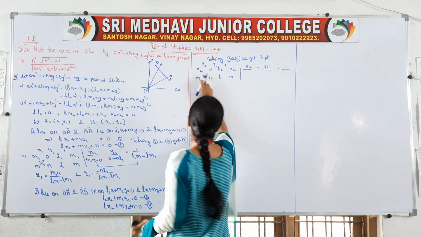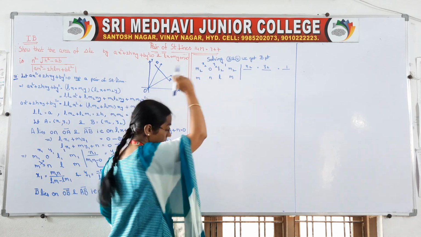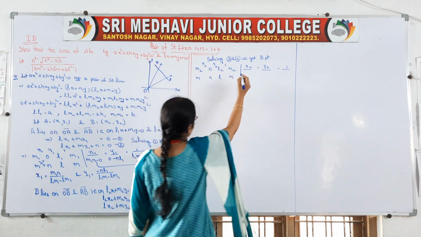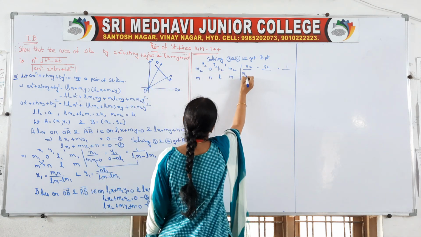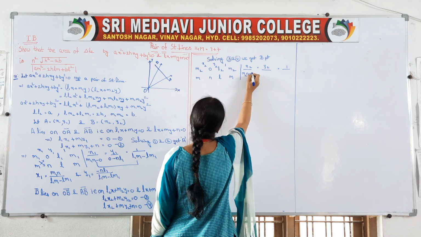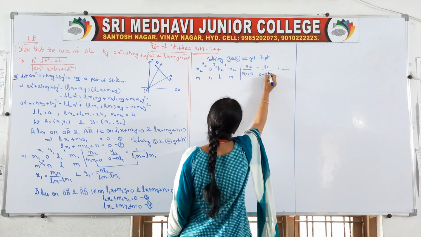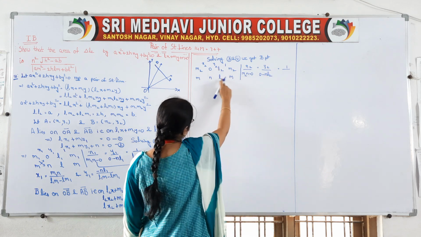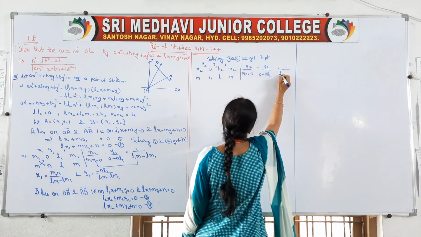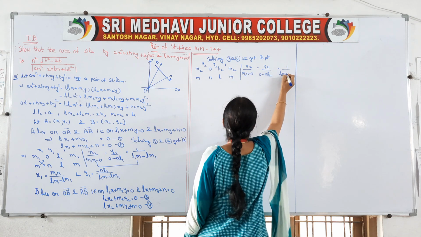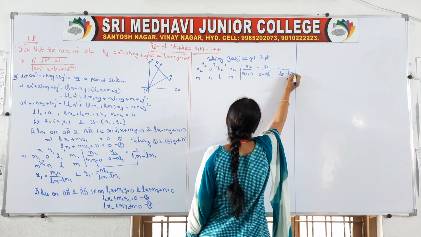How we have to take? This into this minus this into this. So it is m2n minus 0. Next 0 minus nL2. Next this into this into this. That is L2m minus Lm2.